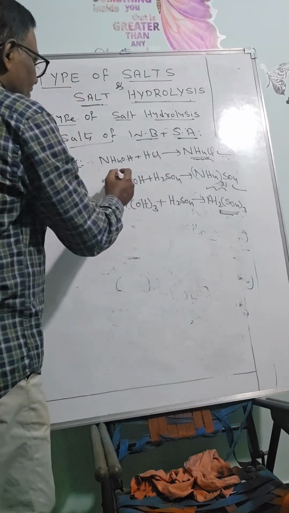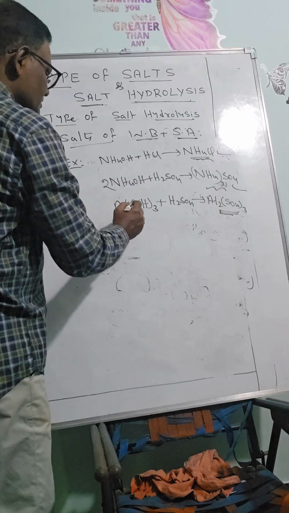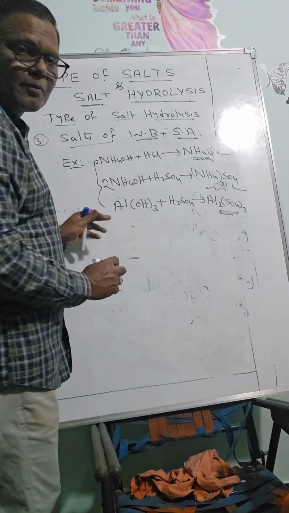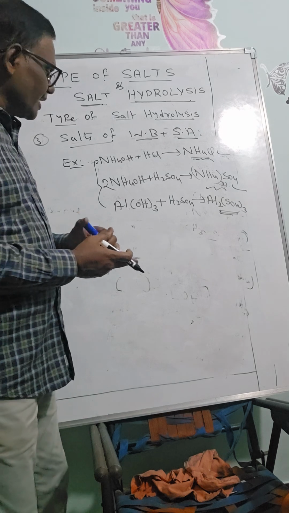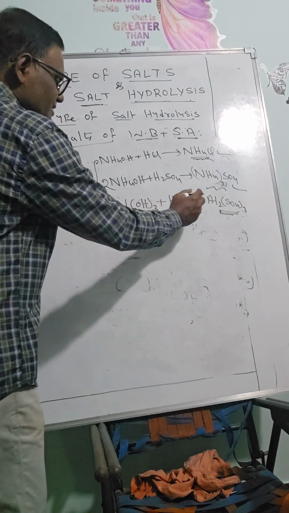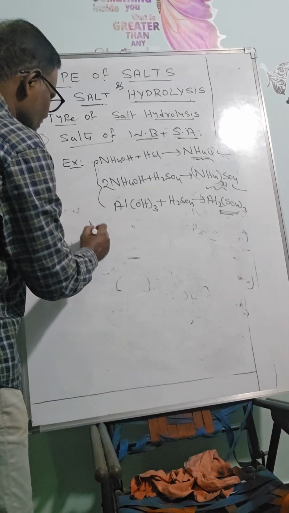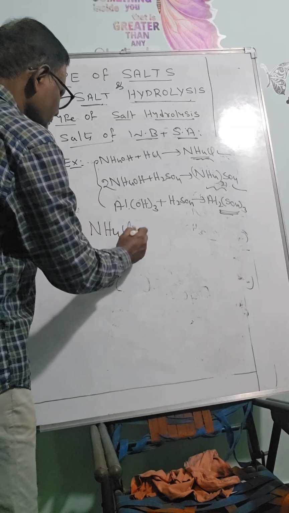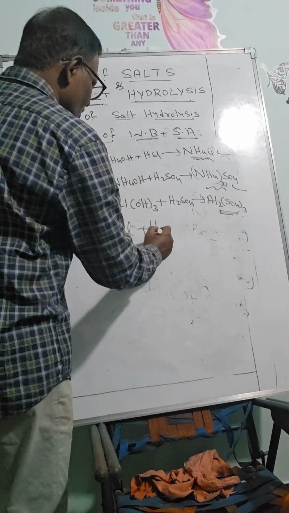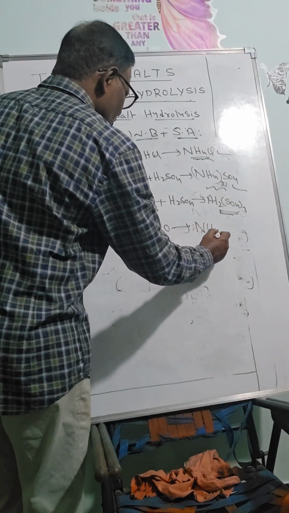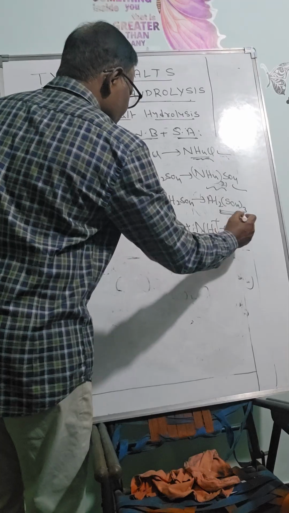Here ammonium hydroxide is a weak base. Weak bases undergo partial ionization, not complete ionization. So which ions undergo hydrolysis here? If you take NH4Cl in water, what do we get? Formation of NH4+ ion and Cl- ion.